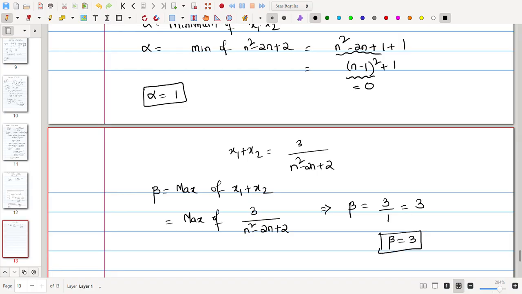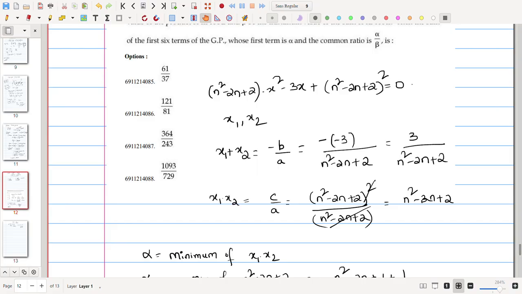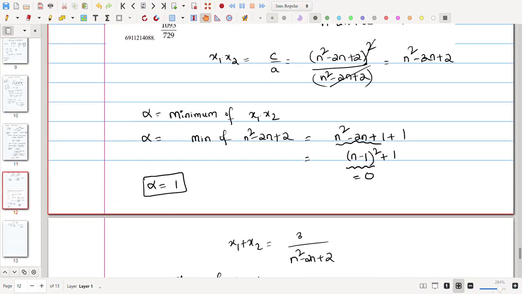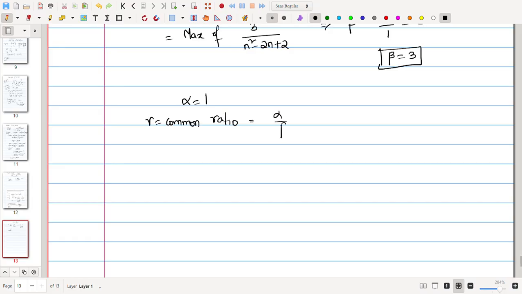Now the given question is to find the sum of 6 terms of the GP whose first term is alpha and common ratio is alpha by beta. So the first term of the GP is alpha, which is equal to 1, and the common ratio r equals alpha by beta, which is 1 by 3.